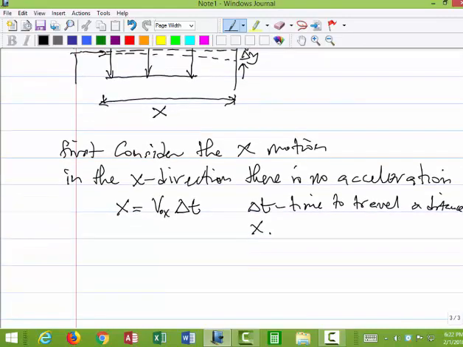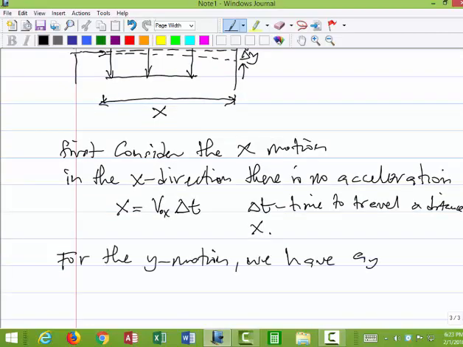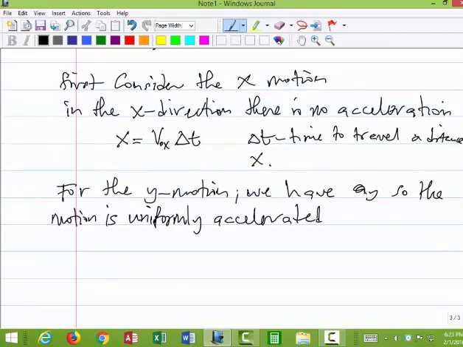And then consider the y motion. We have acceleration in the y direction, so the motion is uniformly accelerated. For the y motion, y final is equal to y initial plus v initial in the y direction times delta t plus half a subscript y delta t squared.